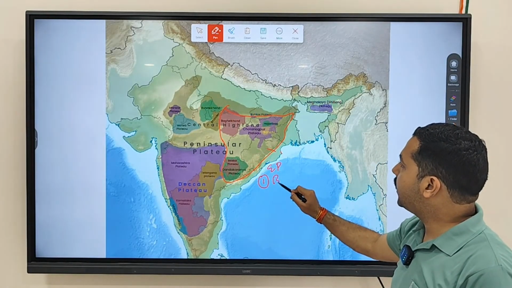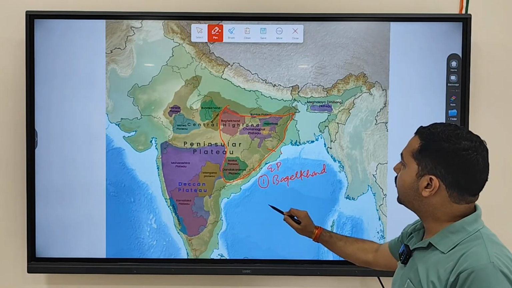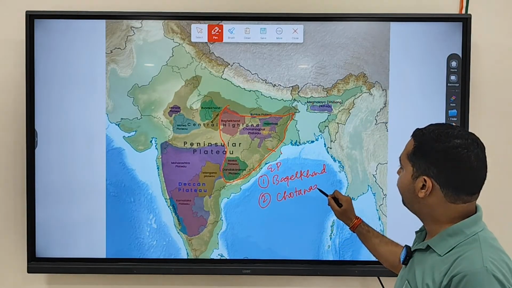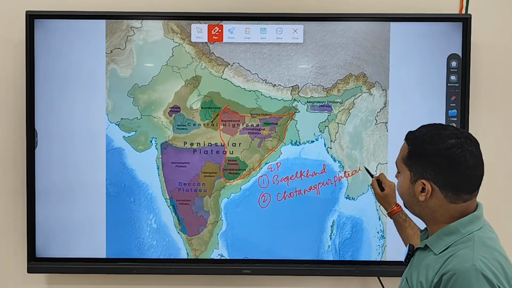One is called Bundelkhand. The second is Chota Nagpur Plateau.